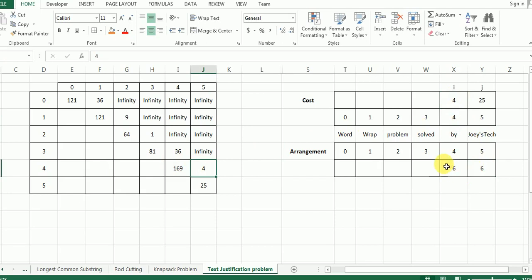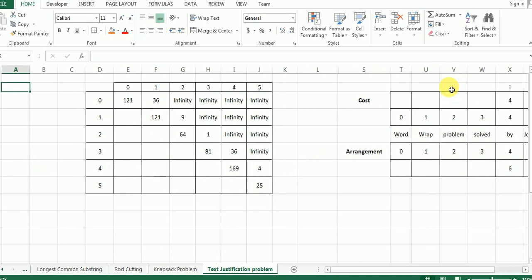This means that the words at index 4 and 5 can be placed in one line with 6 as the stopper. So at this particular cell, the minimum cost is going to be 4, and the words at index 4 and 5, which are buy and joystick, are going to be in one line. So visualize the subproblems, it will be easy for you, it will start making sense automatically.